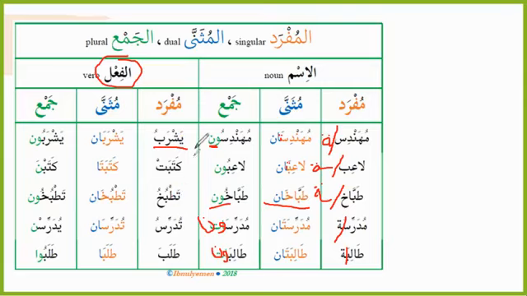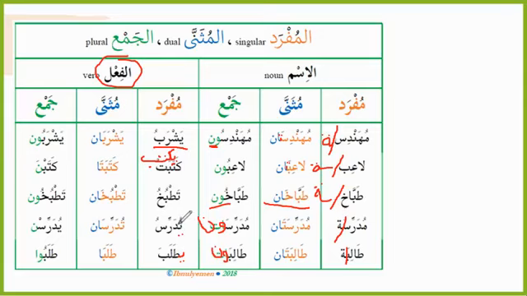Okay, so let's do it first with the masculine. Yashrabu, yaktubu. Sorry, they should have actually made it in the past, in the future, since that one's in the future. So yaktubu, yatbukhu, yadrusu, yatlubu. If we are talking about yatlubu, I'm going to add the ya.